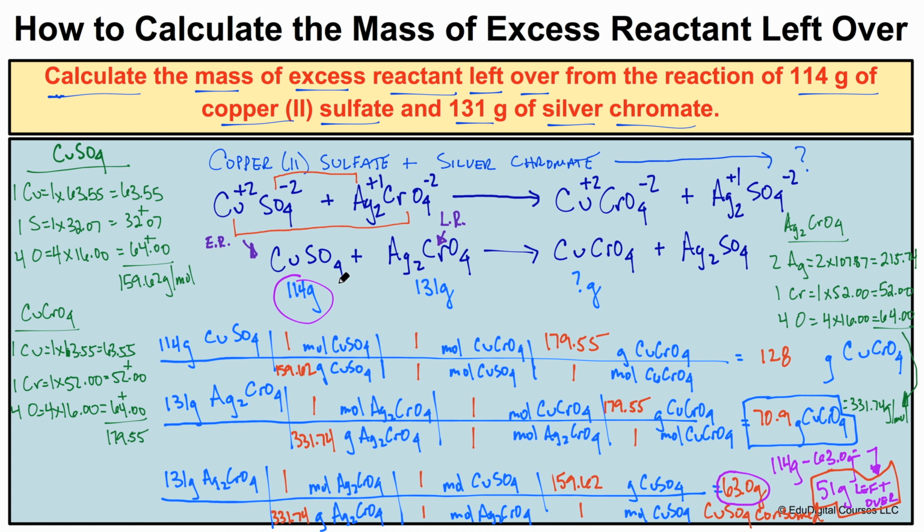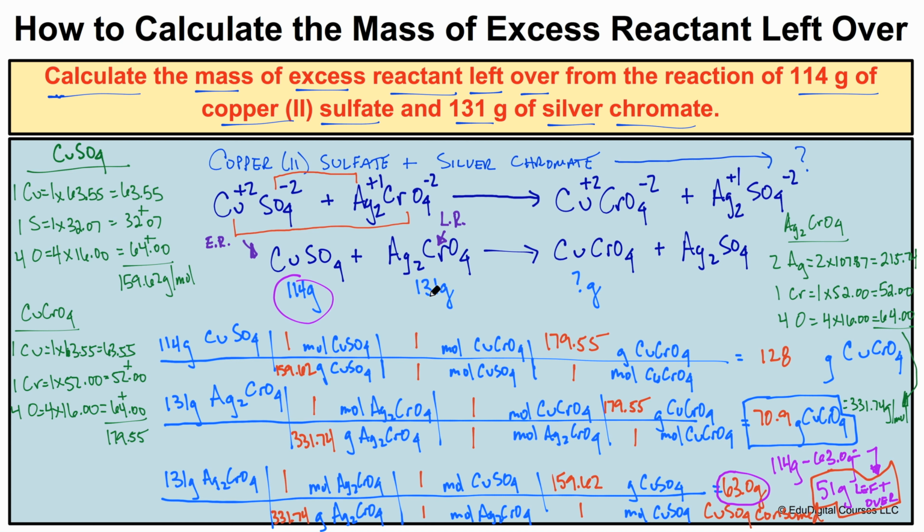So we had to write the correct chemical reaction equation. We then had to use the two masses that were given to us to determine an arbitrary quantity of one of these products. We ended up picking this one here. This allowed us to determine which of the reactants was limiting, which one is going to run out first in the chemical reaction, and which was in excess. That would be this one.